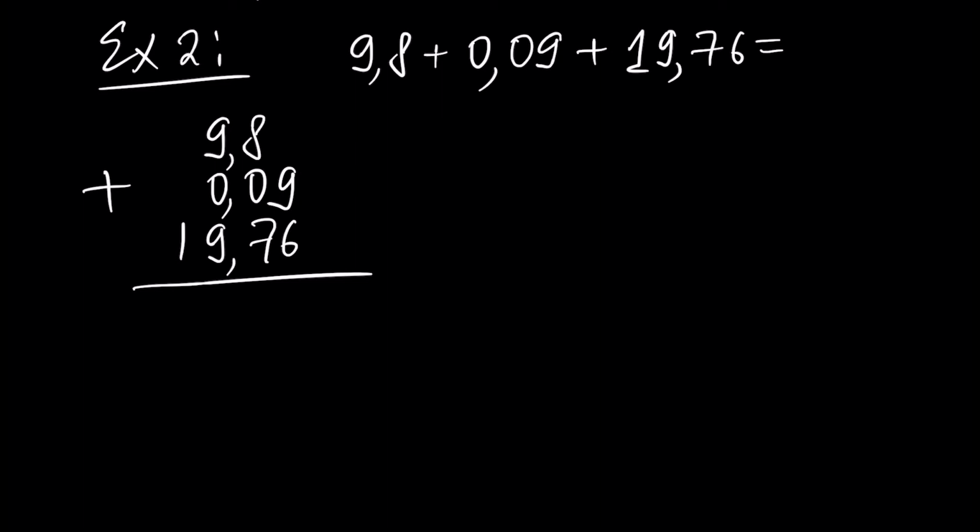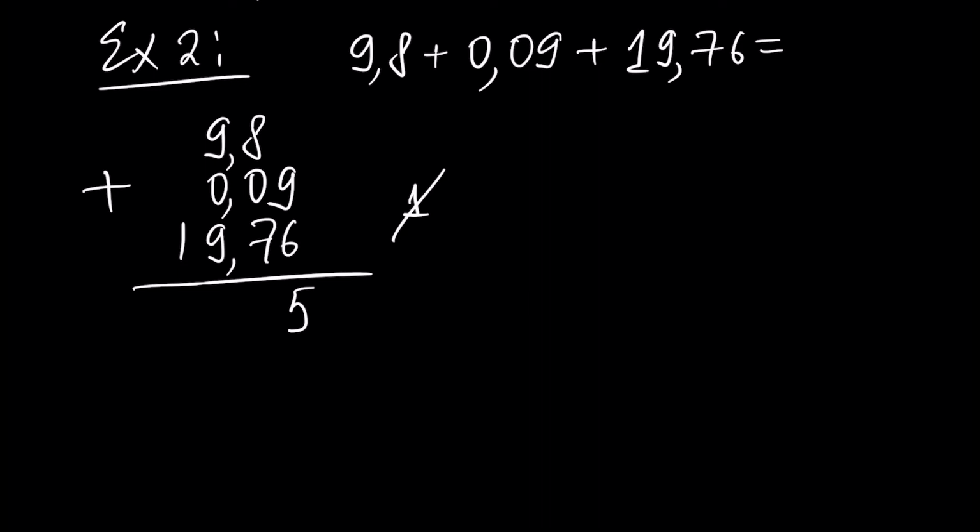Next, 9 here, plus 6 will be 15. Here we write just the last digit 5 and remember 1. We will use this 1 further. Next, 8 plus 0 plus 7 will be 15. And 15 plus 1 is 16.